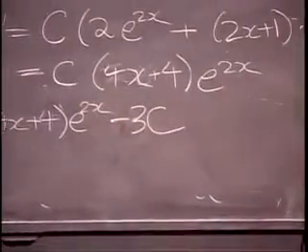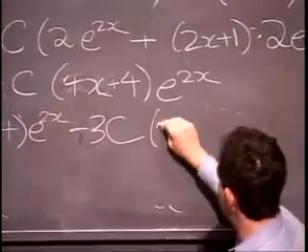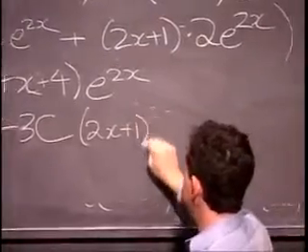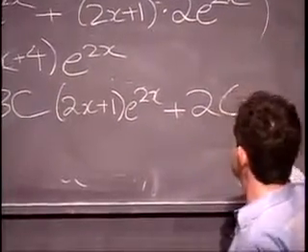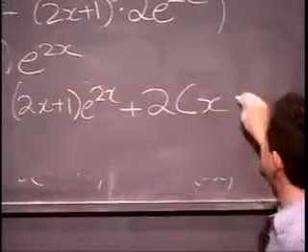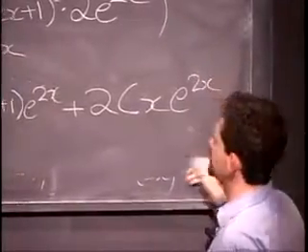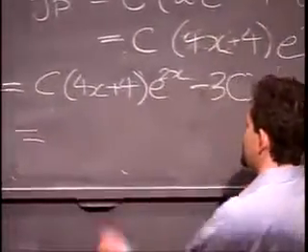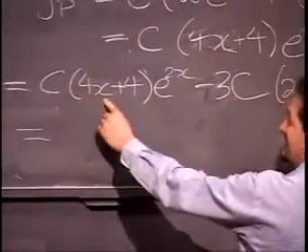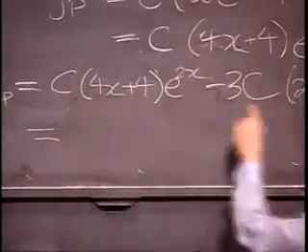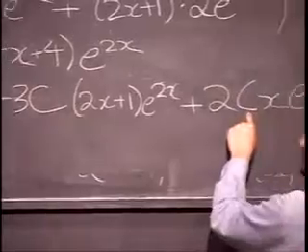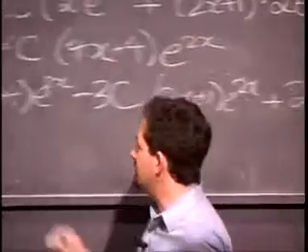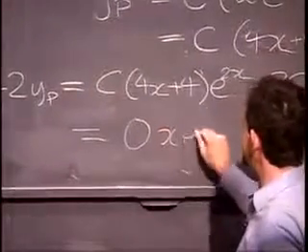So it's minus 3c (2x plus 1) e to the 2x, plus 2 times the thing itself, cx e to the 2x. And now let's simplify this. In terms of x, we have a 4c here, minus a 6c, plus a 2c. And the x goes away. We have 0x e to the 2x.